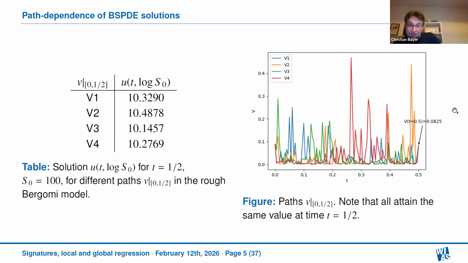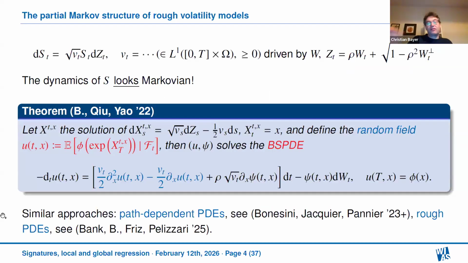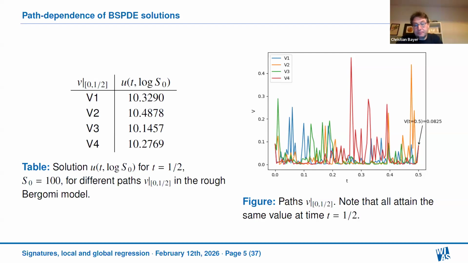And I'm looking at the values, these conditional expectations that we had before, basically the values of a European option at time 1/2. And you see the value, as you would expect, does depend on the history of the volatility process. Now, you also see that the dependence may not be very strong.